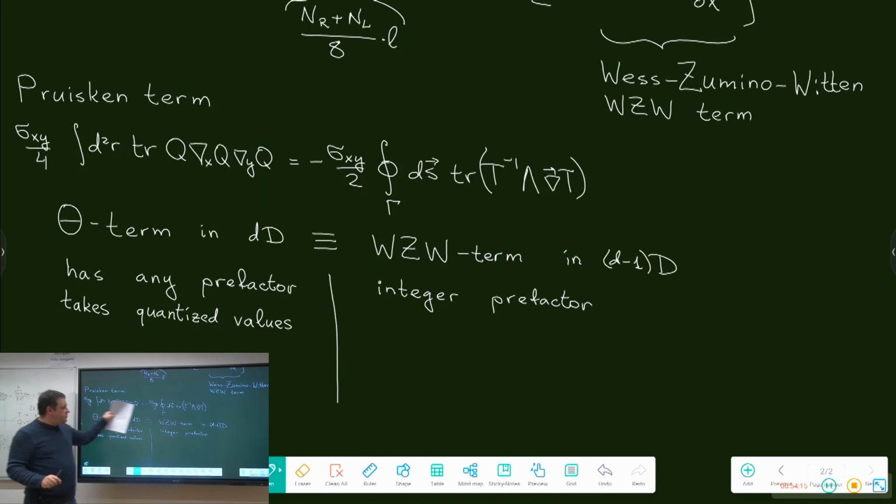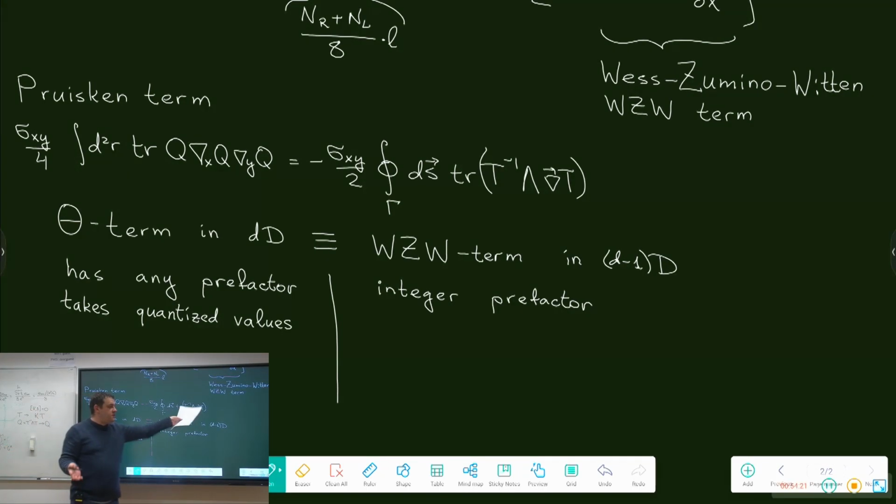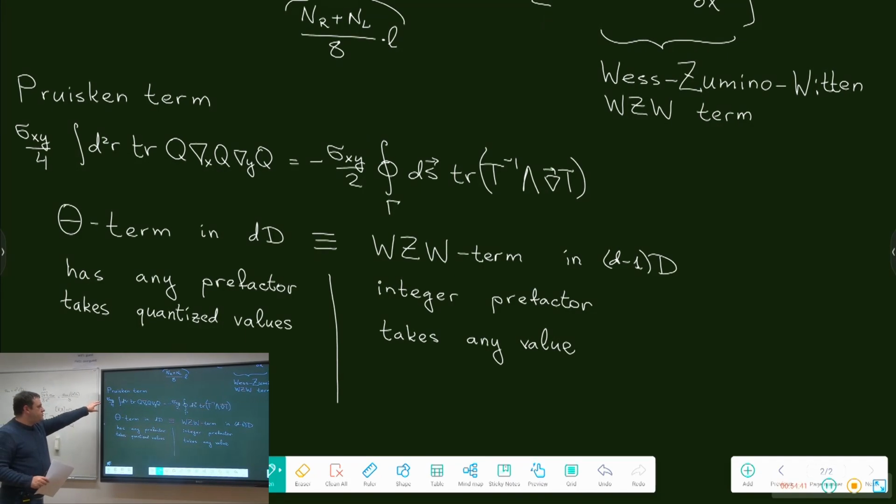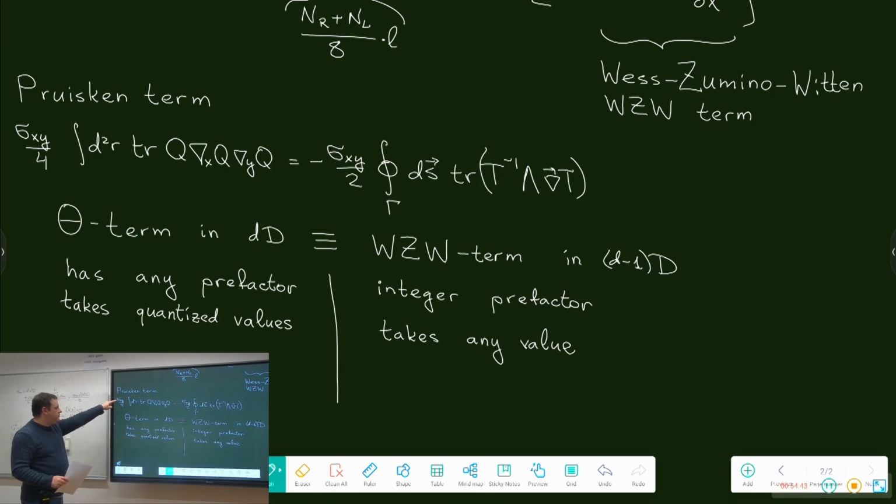But actually, if you compute this integral with some particular Q matrix, with some particular value of t, it can take any value. It's just the opposite. The theta term has any prefactor but takes only integer values.